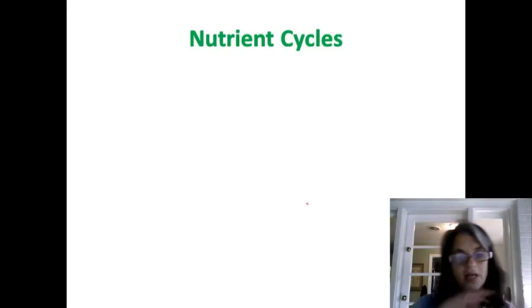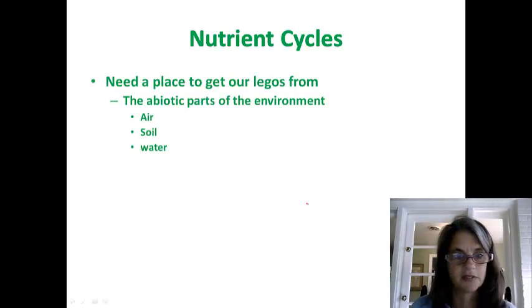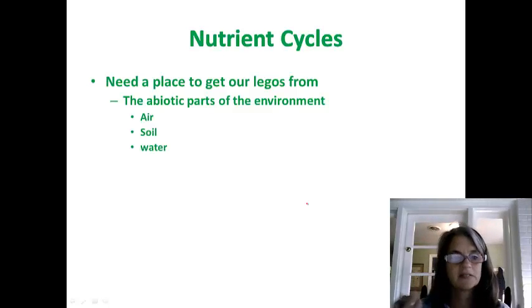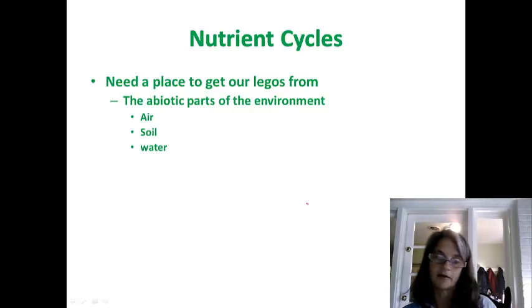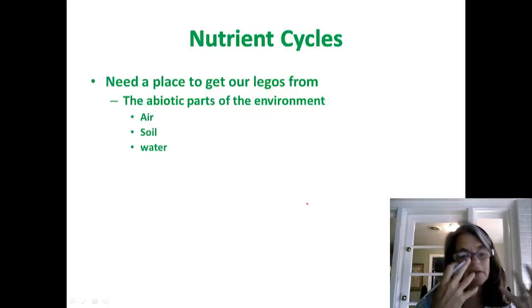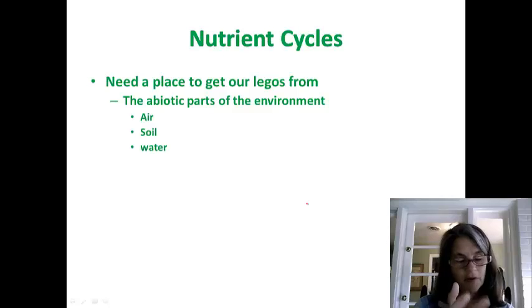Now, nutrient cycles. These are the cycles that we can understand that show us how some of these very important molecules, some of these very important nutrients, move in this path through the ecosystem, okay? So for all nutrient cycles, we need to consider where we're getting our Legos from, how they're being used, and then how we get our Legos back to where they started.